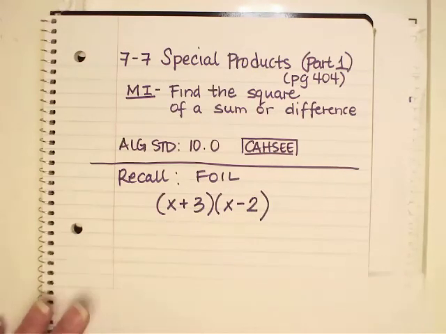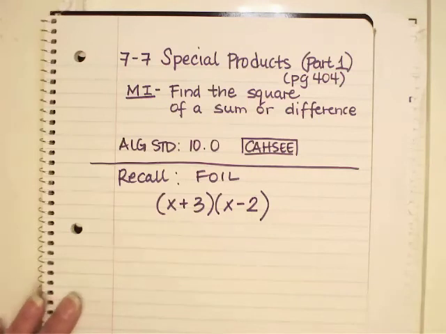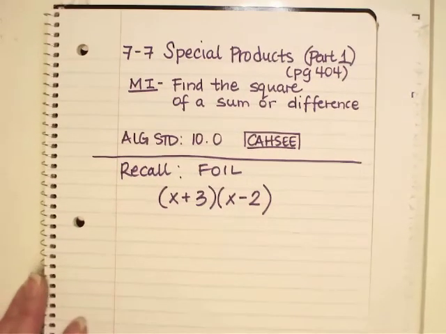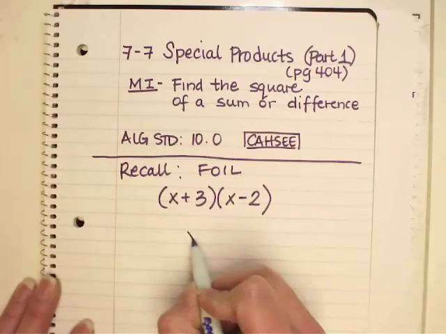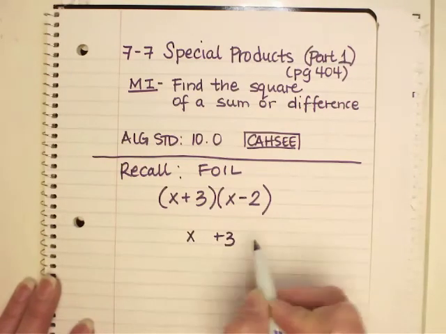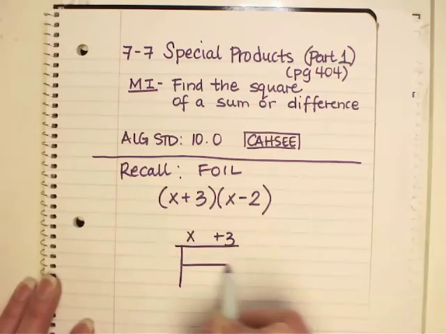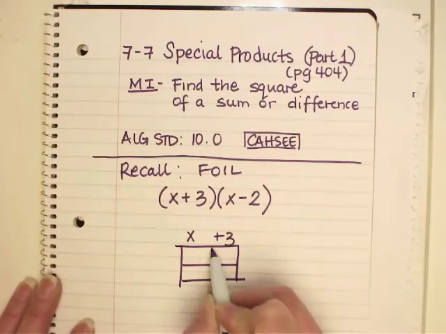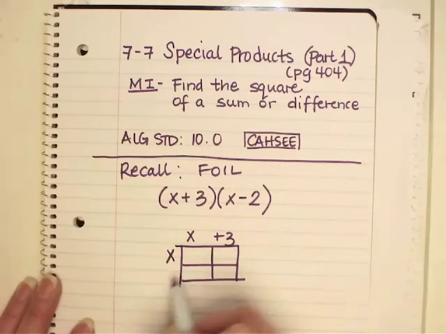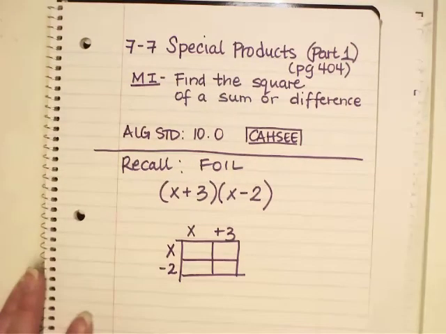Now there are many methods that you could have seen. One in particular was the box. So let's go ahead and set that up in a box. That would be x plus 3, and we're going to multiply it by x minus 2.